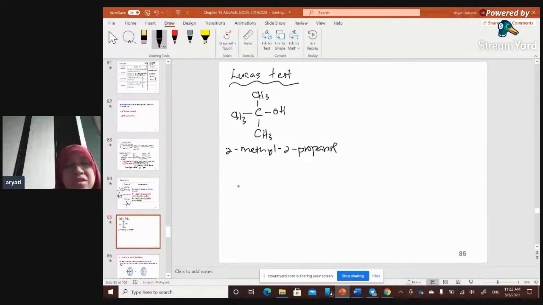So 2-methyl-2-propanol is a type of tertiary alcohol, with the OH attached to a tertiary carbon.